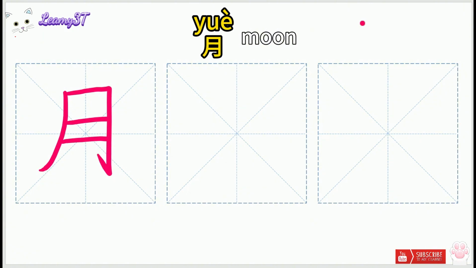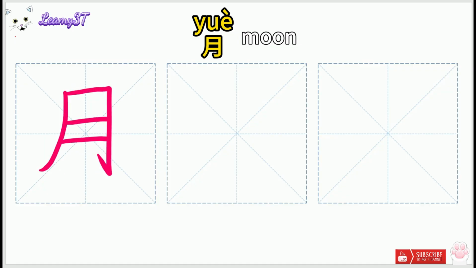This character isn't difficult, but there are still many details to pay attention to. First, the two heng in the middle divide the entire character into about 3 parts. 1, 2, 3. Please pay attention to the distribution of the strokes.